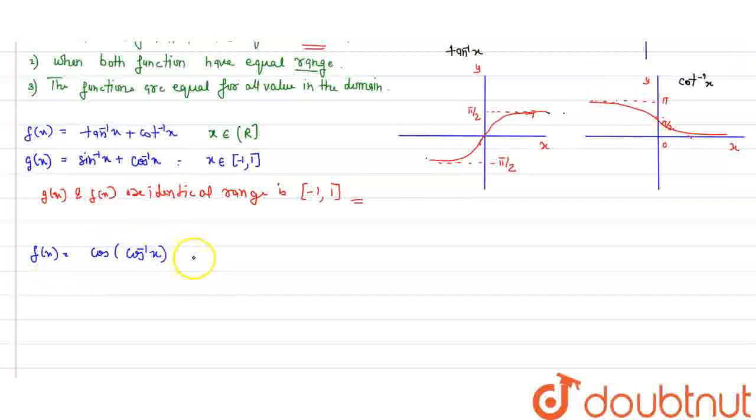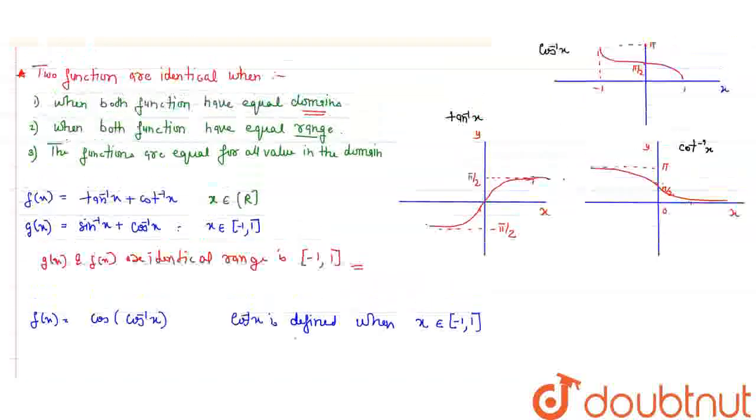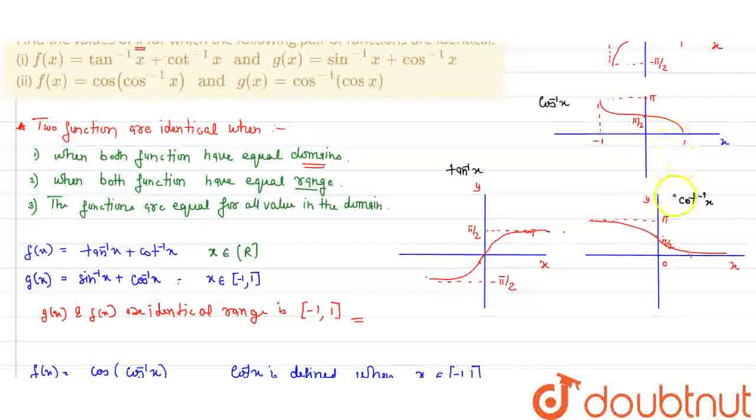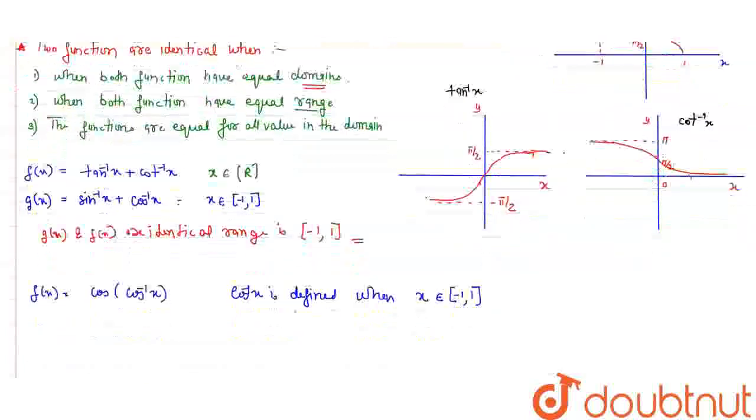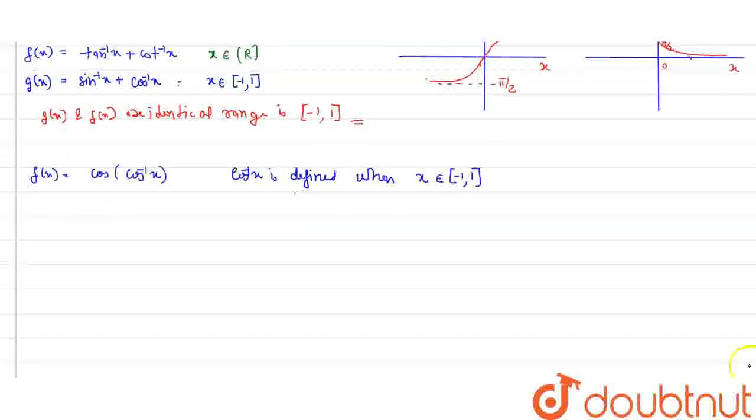Now this function will be defined when cos inverse x is defined, and cos inverse x will be defined when x belongs to -1 to 1, right? As we can see in the graph of cos inverse x, right? So x will be -1 to 1, that is the domain, right?